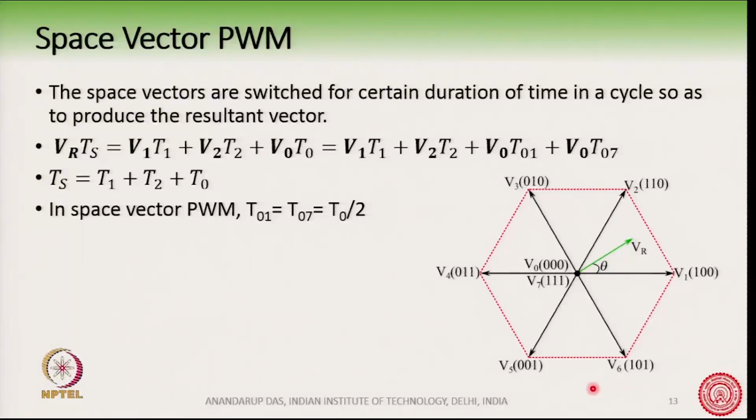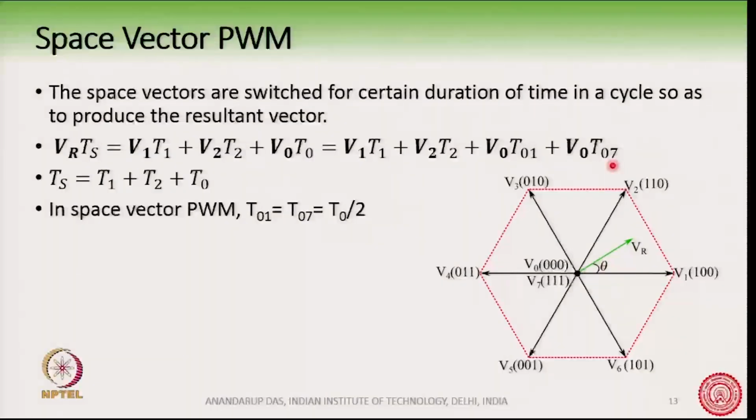Coming back to this discussion about space vector PWM, we see that Vr into Ts is V1 into T1 plus V2 into T2 plus V0 into T0, which is again divided into V0 into T01 and V7 into T07.